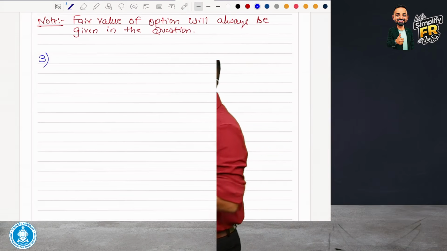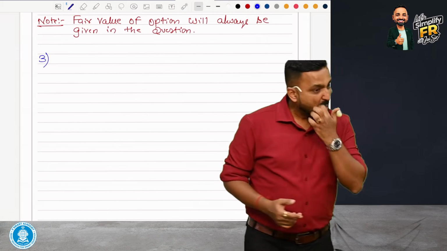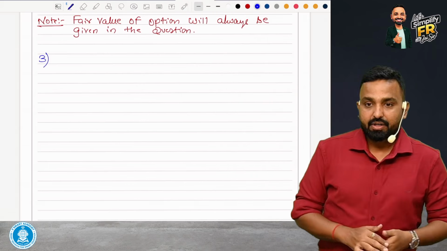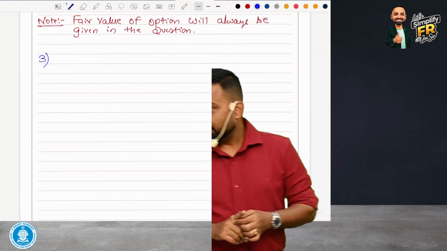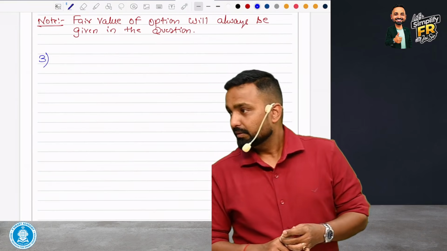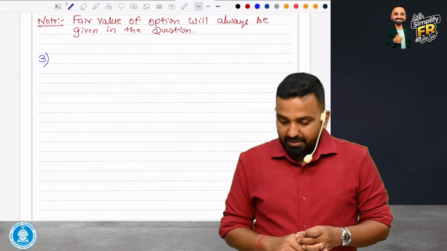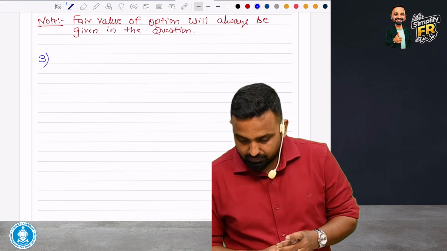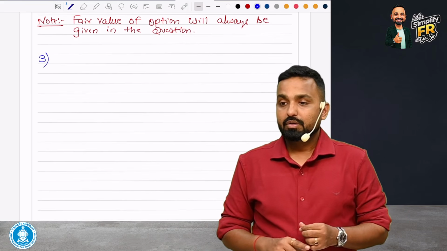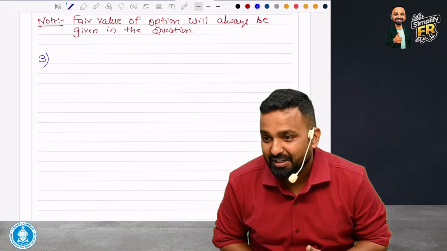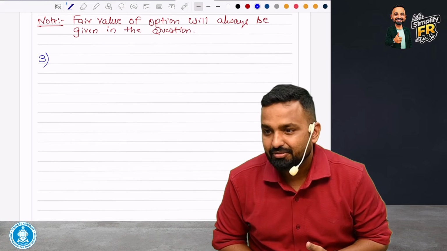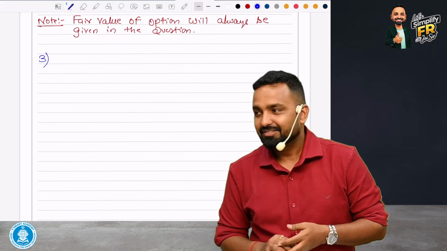Liability or equity? Why liability? But not in the form of cash, right? Obligation to pay in the form of shares.